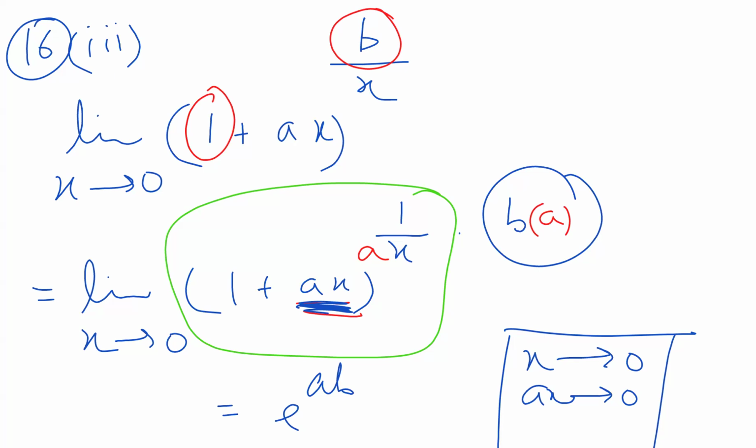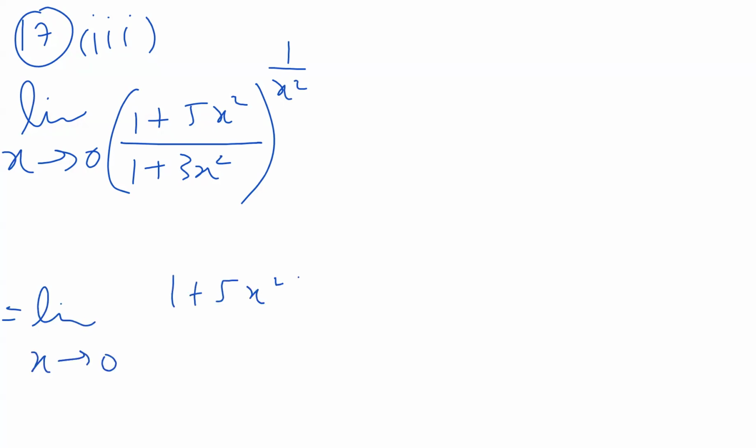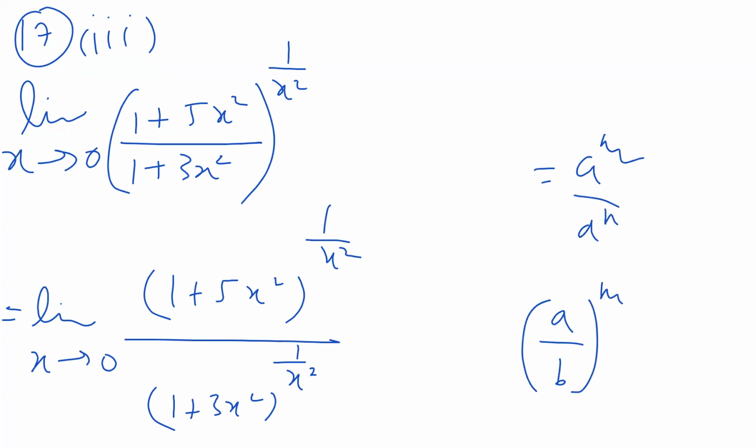Sub question 3. Indices: a by b raised to m is a raised to m by b raised to m.